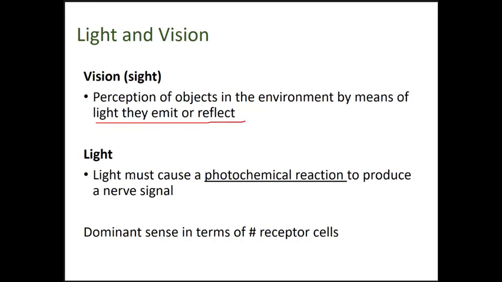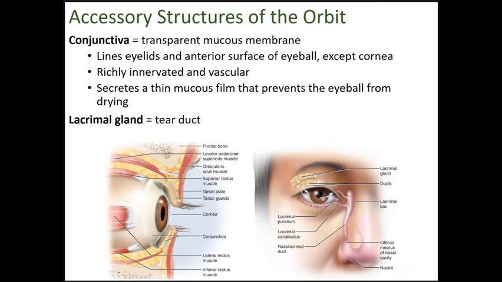And in order for us to actually be able to interpret what is in front of us as what we see, that light that is emitted or reflected must cause a photochemical reaction in order to produce a nerve signal. Just like every other sense, that nerve signal is important for any form of interpretation, as we've discussed. Light and vision is considered our dominant sense just because of the number of receptors that are present.